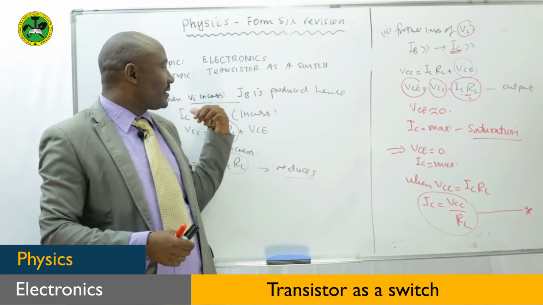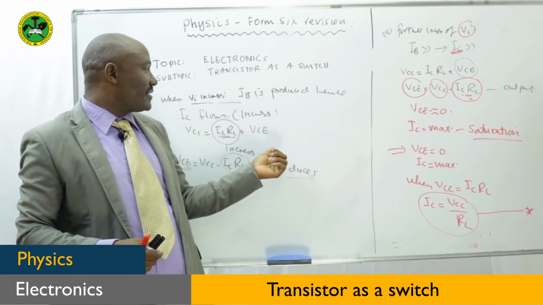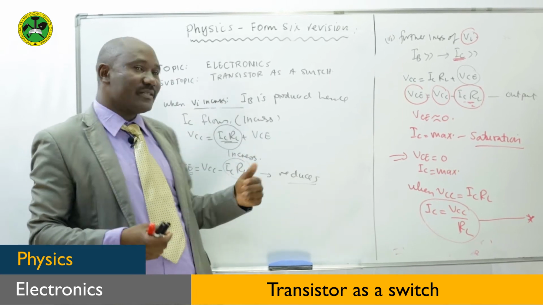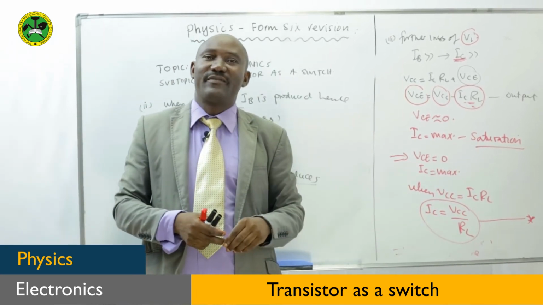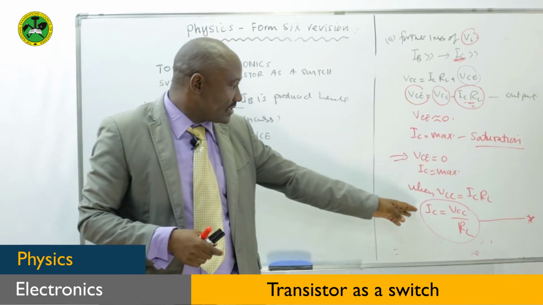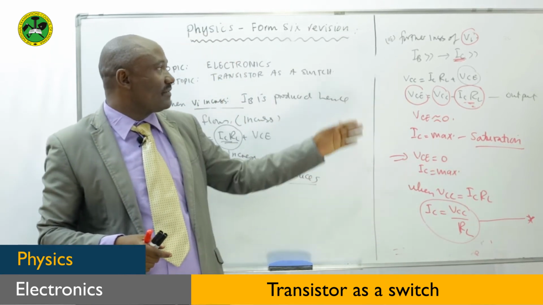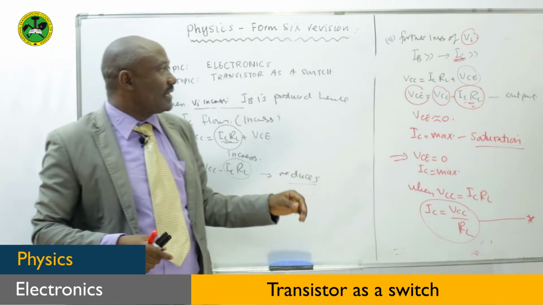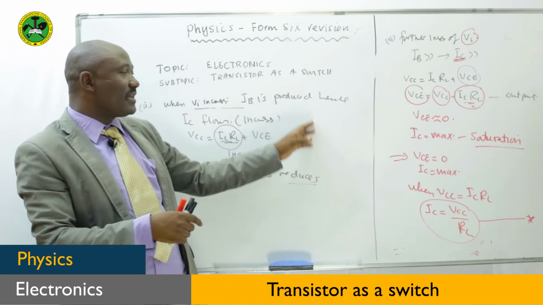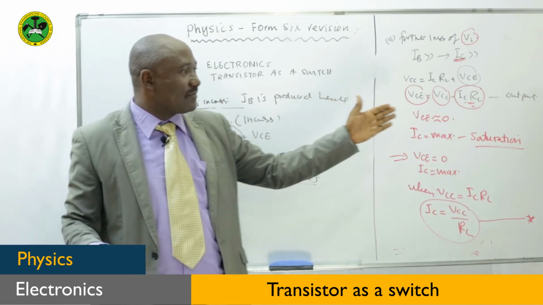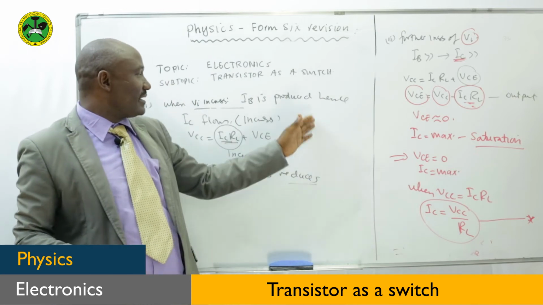In the cutoff state, VCE is maximum, which shows the transistor is behaving as if it has a very large resistance. So you can see we have 3 states of a transistor. We have the cutoff state, when the input is very low, and then the region where the transistor is active and makes some amplification, which is linear.